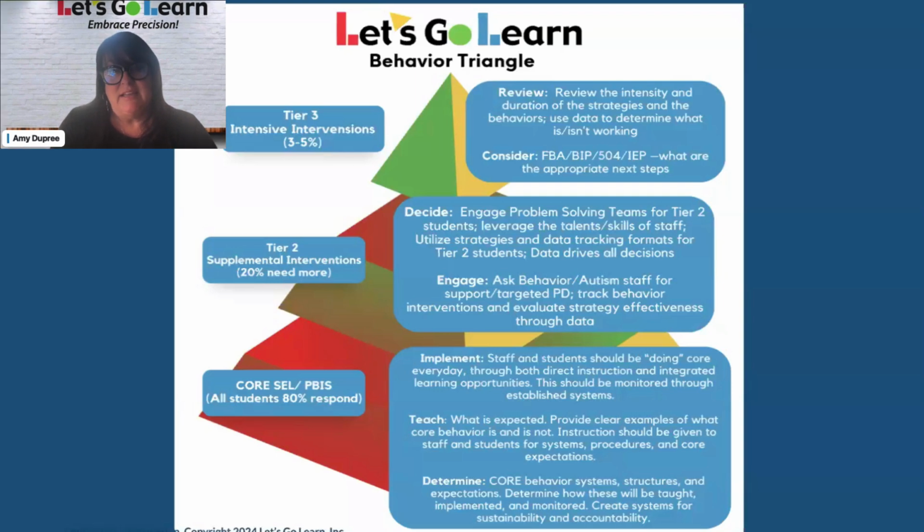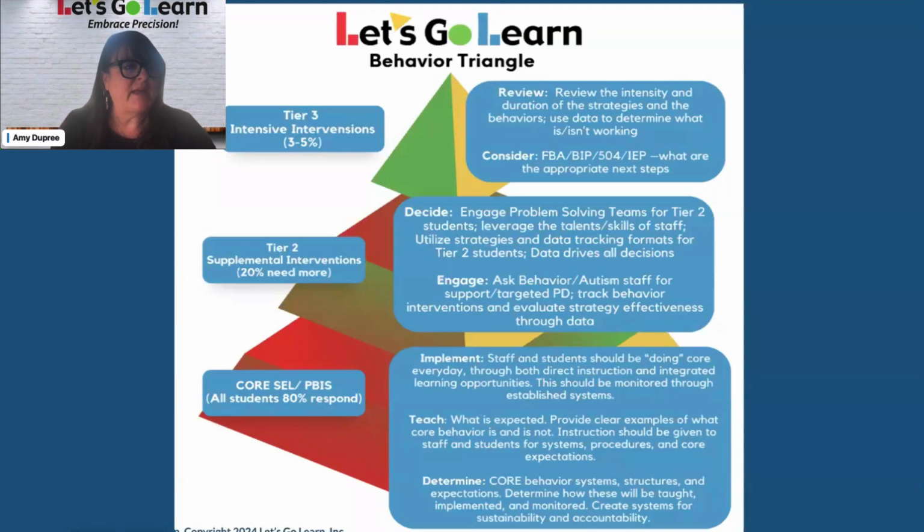The reality is we're pretty good on the academic side with intervening with our students and providing interventions, and it's instruction. And the same is true for behavior. Behavior is instruction. And so we want to help teachers learn that behaviors that need intervention are behaviors that need instruction.